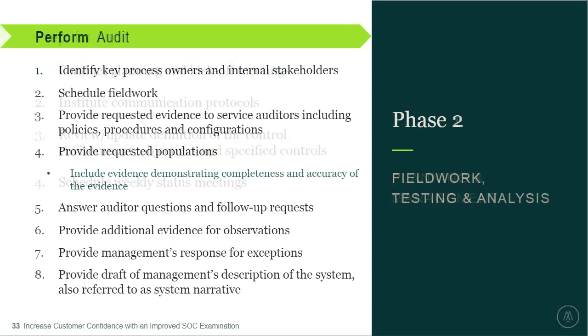The next phase of the project is field work or testing. The service auditor comes out and will be on site for several days to do this. There are basically four types of testing that a service auditor will perform. The first is inquiry testing. That's asking the business process owner or the control owner, how does this work? Or tell me, if this happened, what would you do?